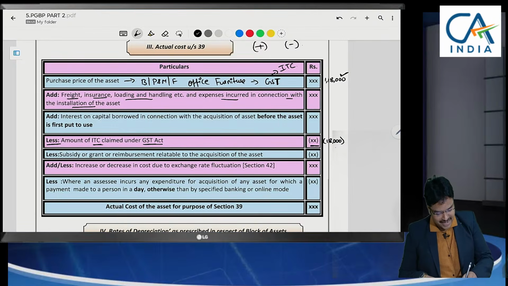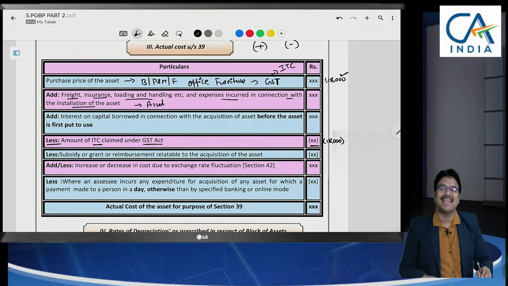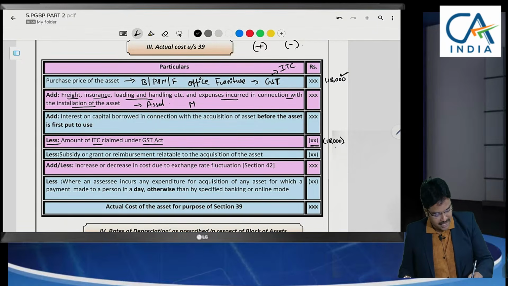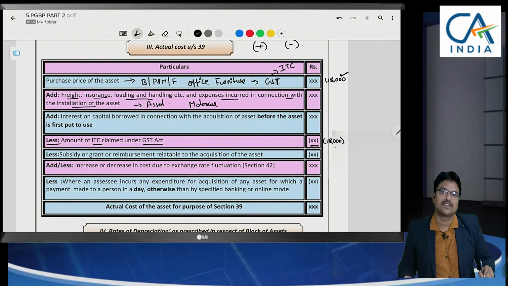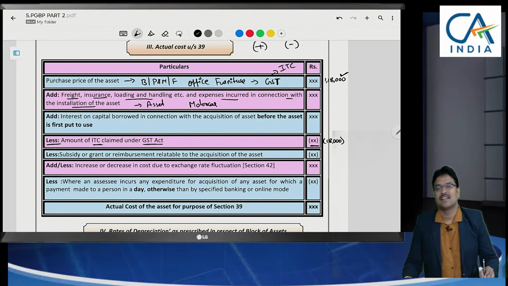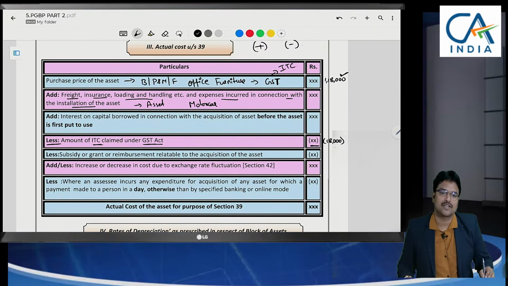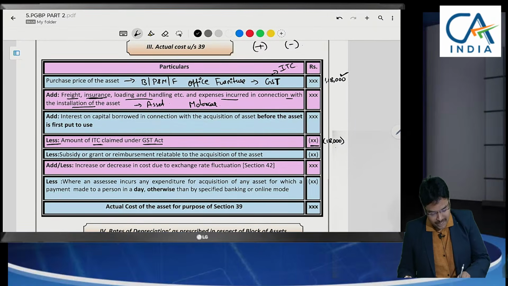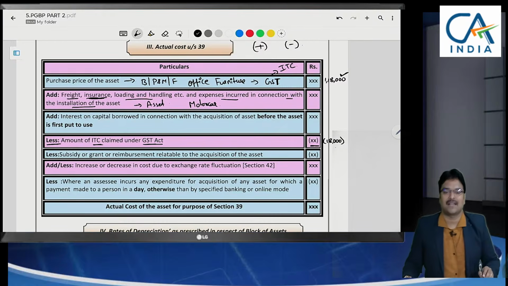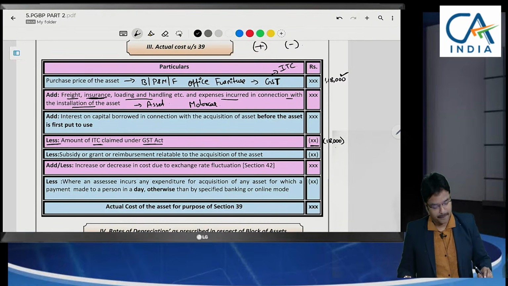So, these are incurred for the purpose of asset installation. Any expenditure which was incurred before installation, we have to capitalize to the asset. For any motor car purchased for the purpose of business, for direct transportation purposes, car insurance should also be capitalized. This cannot be claimed as a deduction.